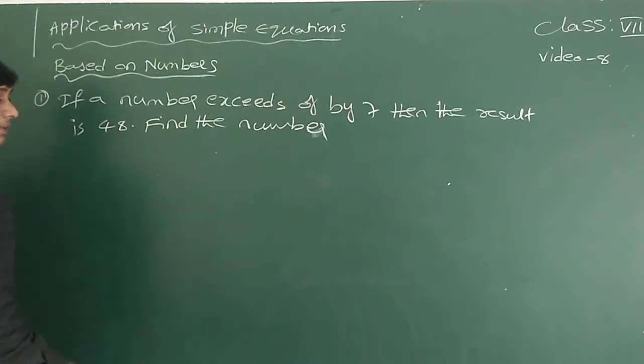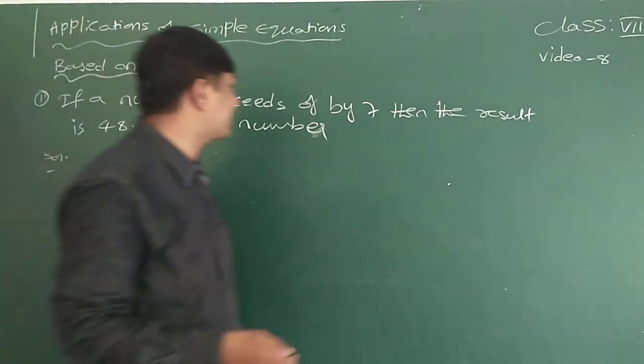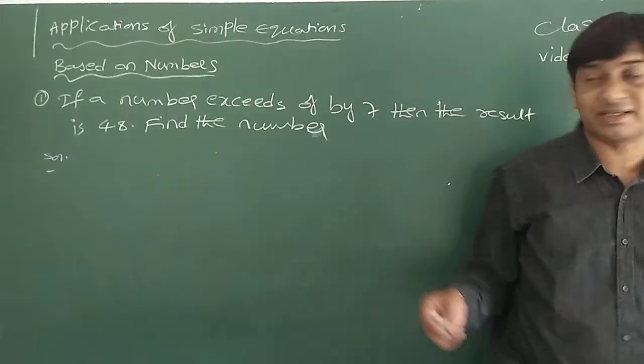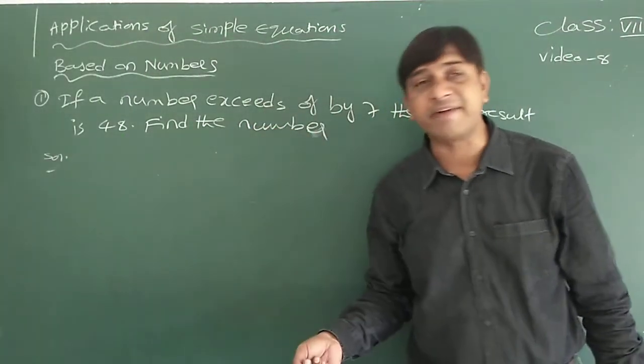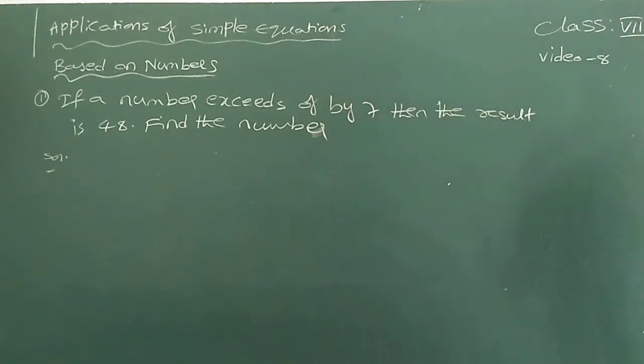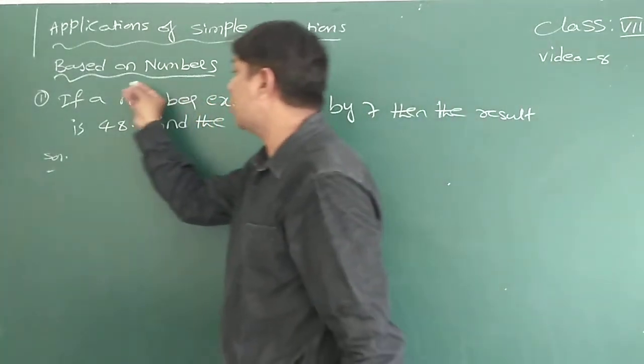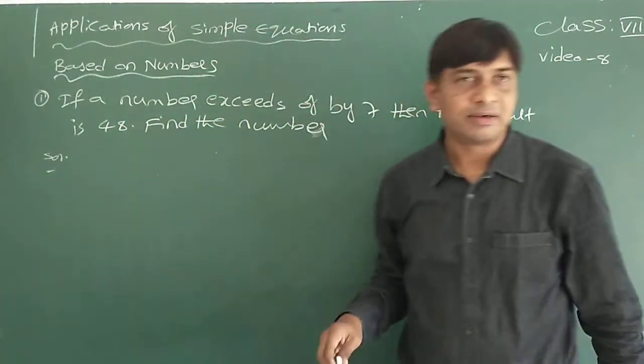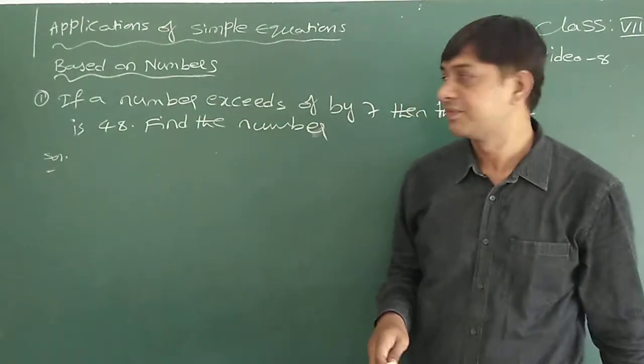So here, the solution. If a number exceeds by 7, then the result is 48. Find the number. So here I don't know what number it is; I have to find out that number.